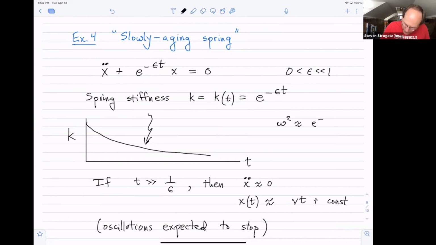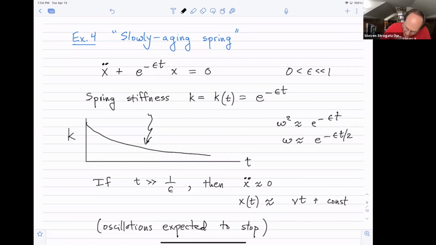So the frequency at any given time should be something like e to the minus epsilon t over 2.